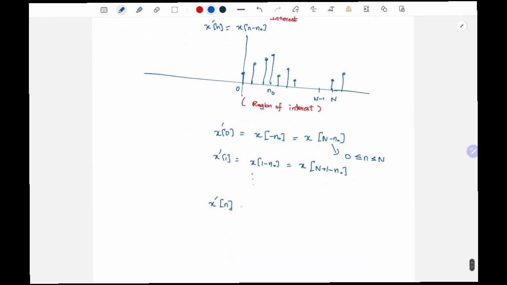So I can write this as some x prime[n], where x prime[n] is x[n minus n naught] modulo N. So it is like a circular shifting.